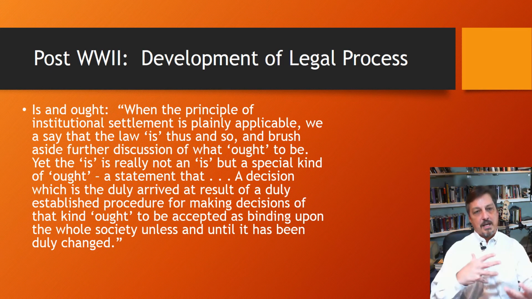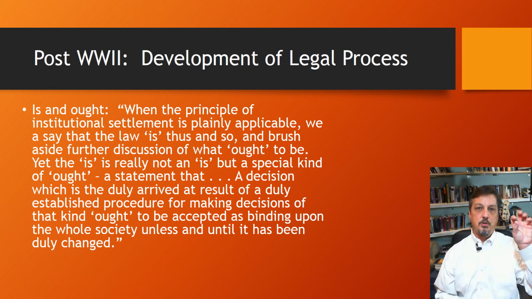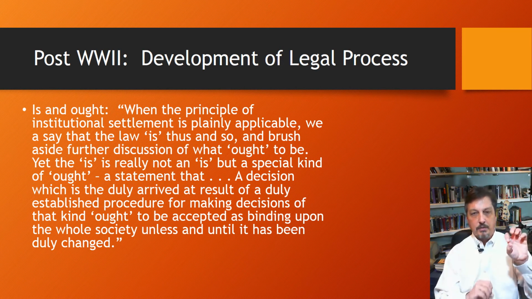Now, if you've heard that phrase at all, the relation of the is and the ought, this is an important problem in moral philosophy generally. And it's one of the critiques and pushbacks in modernity about natural law, because the notion is, how can you derive an ought, what we ought to do, from what is?